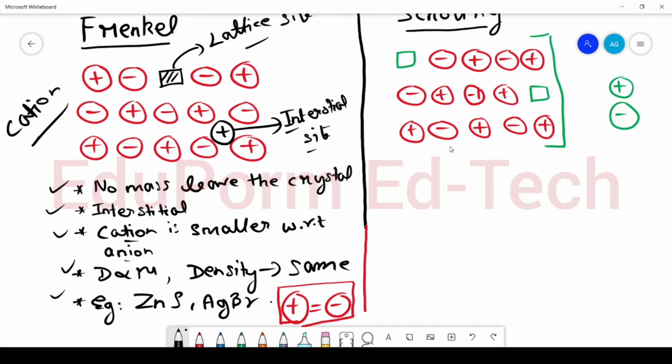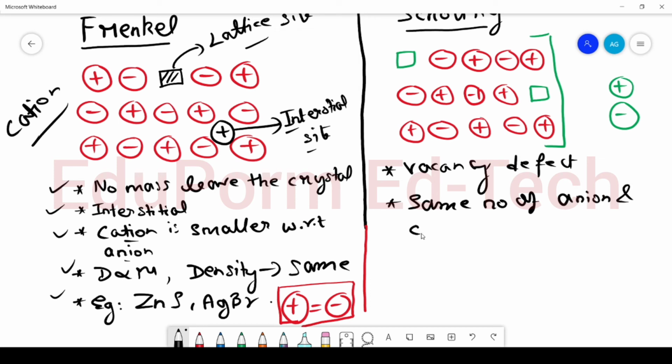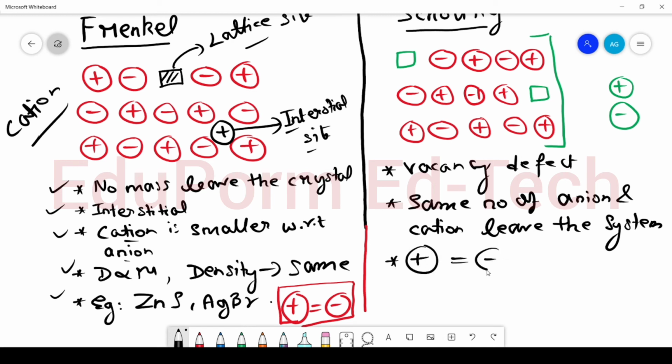So this is an example of vacancy defect, because it is arising due to the vacancy, and in this case the same number of anions and cations leave the system. So as the same number of anions and cations are leaving the system, we can say that the number of cations is still equal to the number of anions, so the stoichiometry will remain undisturbed.